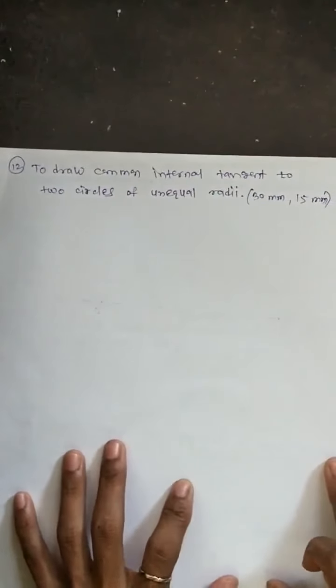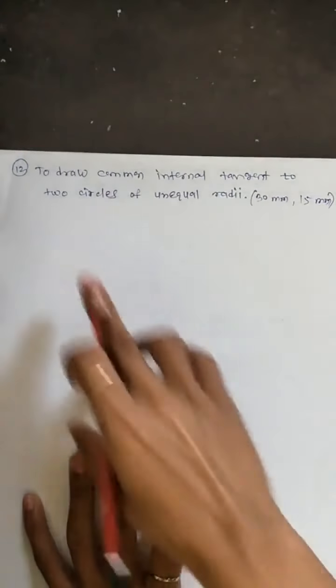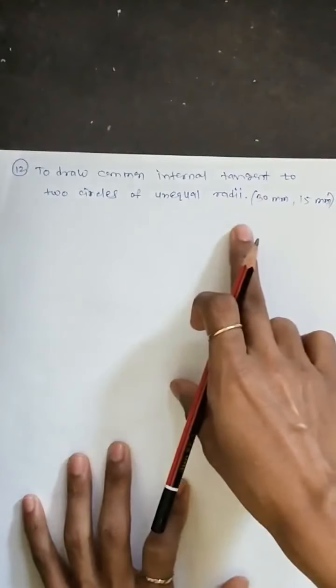Now for the next example, we will draw a common internal tangent to two circles of unequal radii.